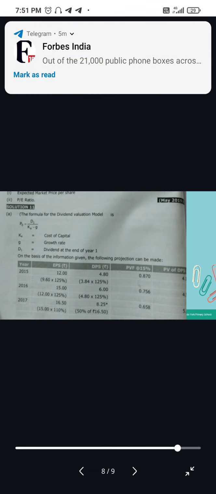Whereas in 2017, the growth rate has fallen to 10%. According to the problem, if the growth rate falls to 10%, the dividend payout ratio will be 50%. So EPS equals 15 into 10%, 16.5, and DPS is 50%.